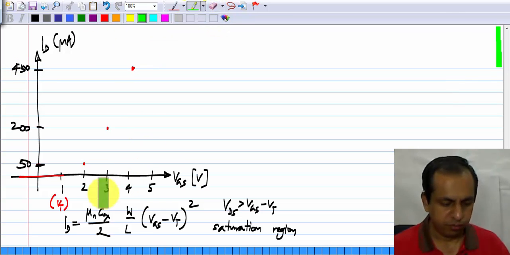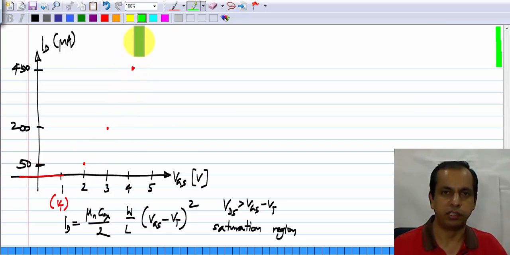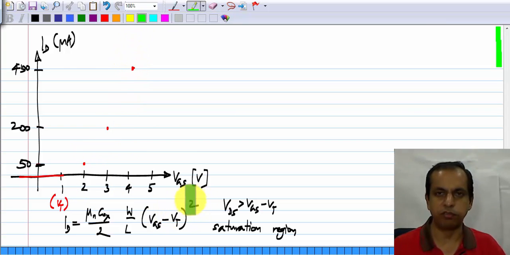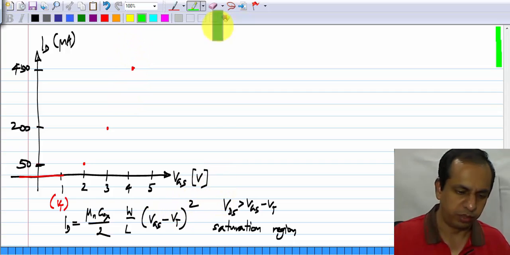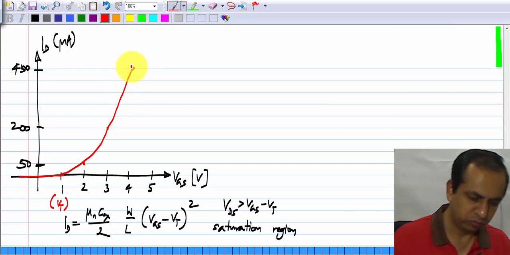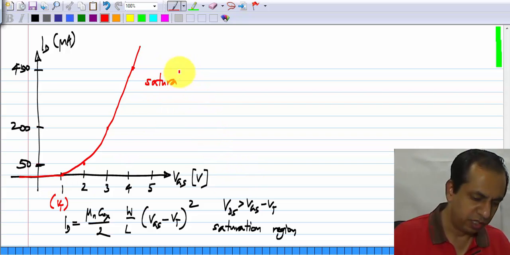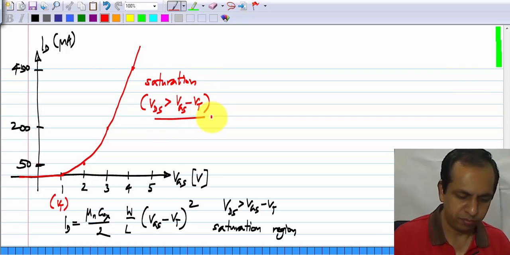And you can see that for every volt step here, the step in current is larger and larger, and that's simply a consequence of the square term over here. So it will be like this. The crucial assumption here is that for all values of VGS I have shown here, I have assumed saturation, which means that VDS is greater than VGS minus VT.